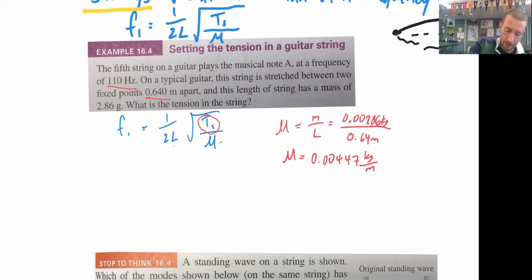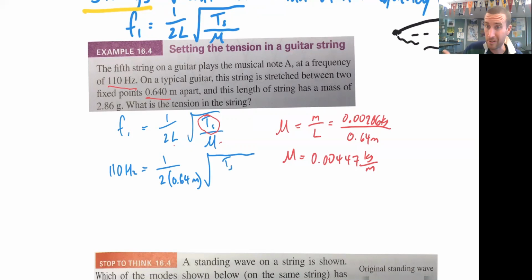I'll plug in all my values: 110 hertz equals 1 over 2 times the length, 0.64 meters, times the square root of the tension of the string over the linear density, 0.00447 kilograms per meter. The tension will be in newtons, so it's good that I converted to kilograms and meters. Step 1 is to multiply both sides by 2 times 0.64.